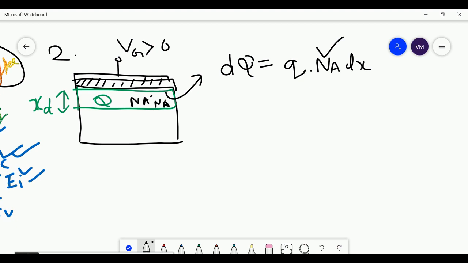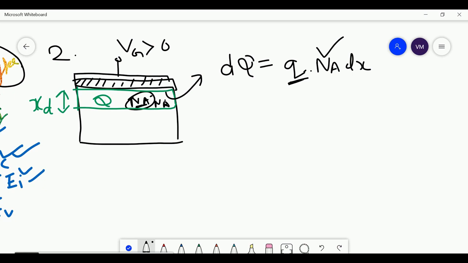How much charge does each Na negative ion have? This Na negative ion is because of one extra electron. This acceptor impurity has taken one extra electron from silicon, so it has a charge of a single electron. That's why I have multiplied q here.